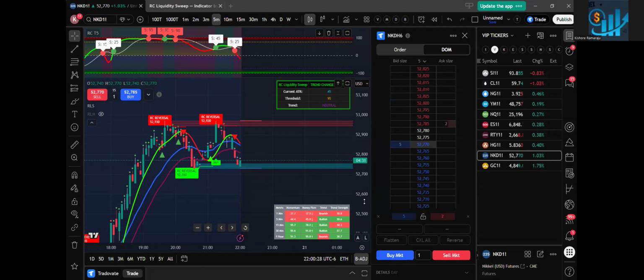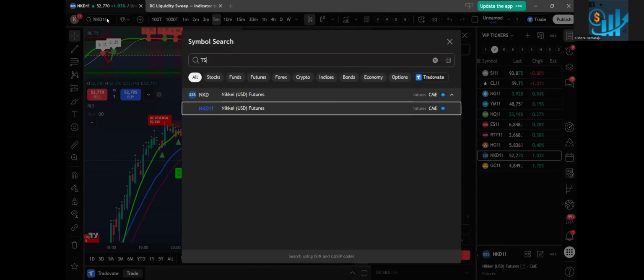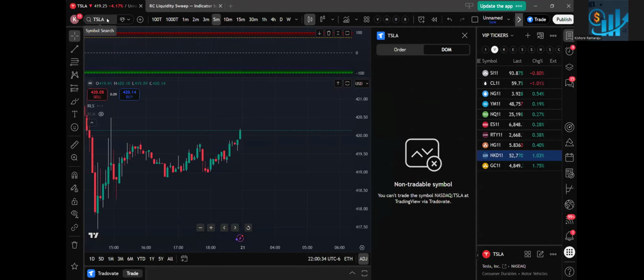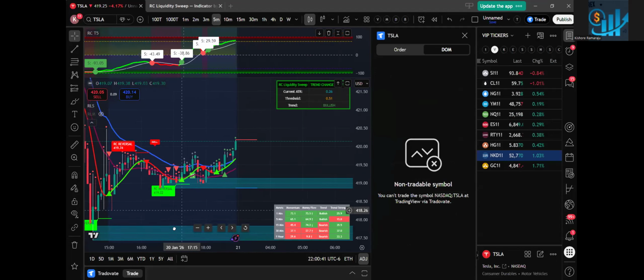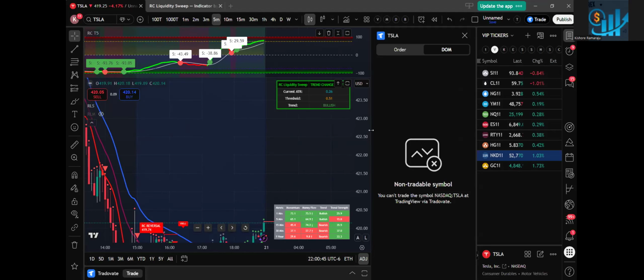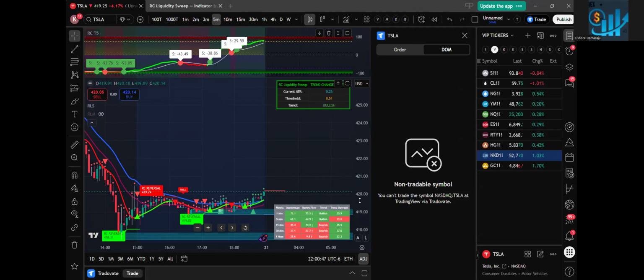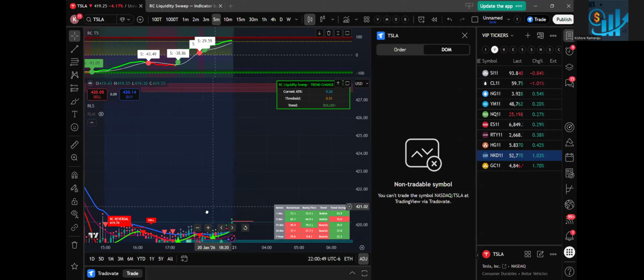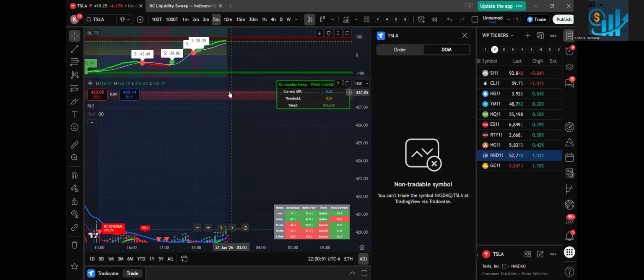This will work best when we have more volume. So in the morning time, this is the best one where you can take the trade and hold for a much longer duration. Tomorrow Tesla, we may see it all the way to 430 or 428.